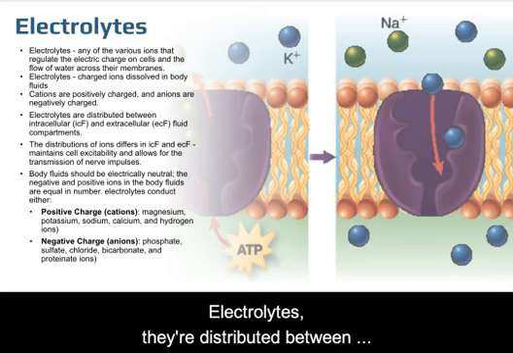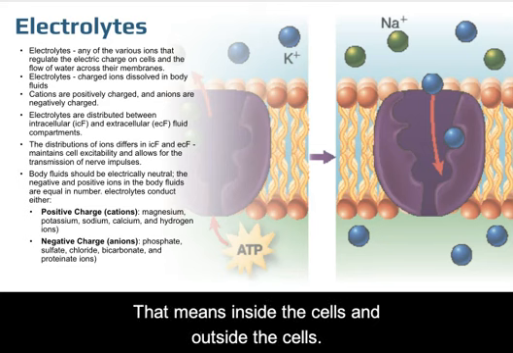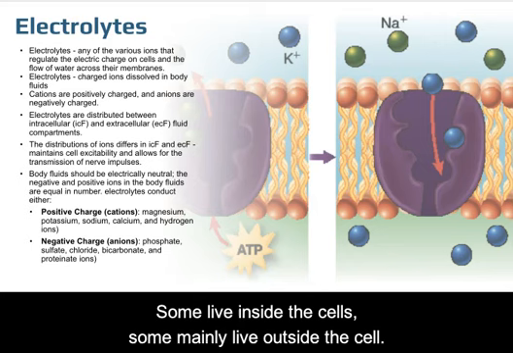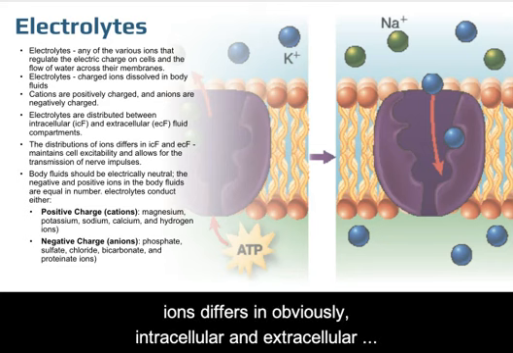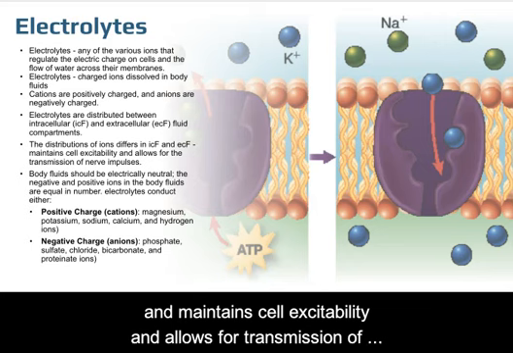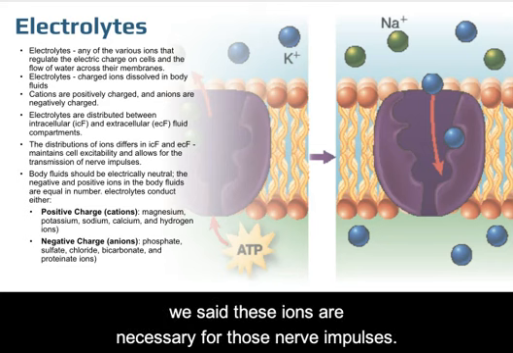So electrolytes are distributed between the intracellular space and the extracellular space. That means inside the cells and outside the cells. Some live inside the cells, some mainly live outside the cell, right? The distribution of these ions differs in intracellular and extracellular, and maintains cell excitability and allows for transmission of nerve impulses, because remember we said these ions are necessary for those nerve impulses.